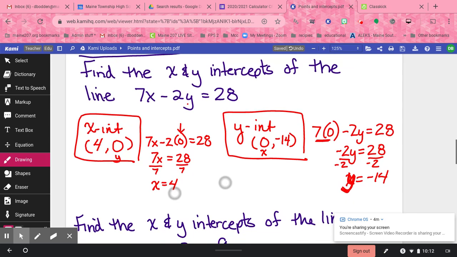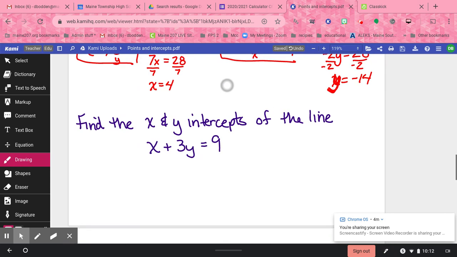Let's do another one together. All right, so I want to find the x and y-intercepts of my line x plus 3y equals 9. Again, my x-intercept, I know that is when y is 0. Y-intercept, I know that is when x is 0. Okay, x-intercept.